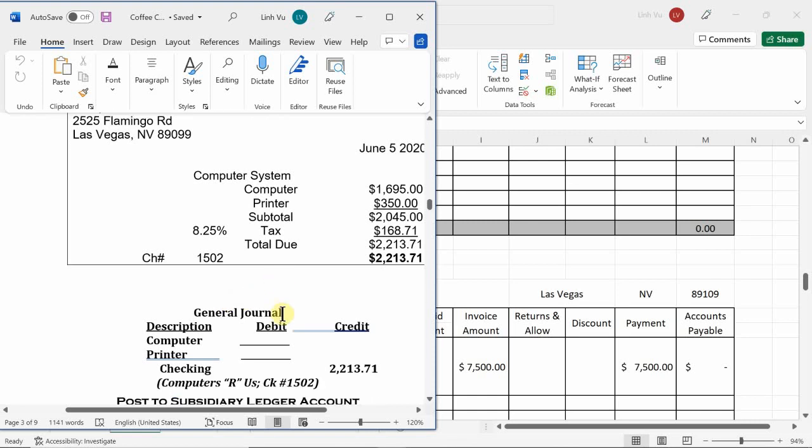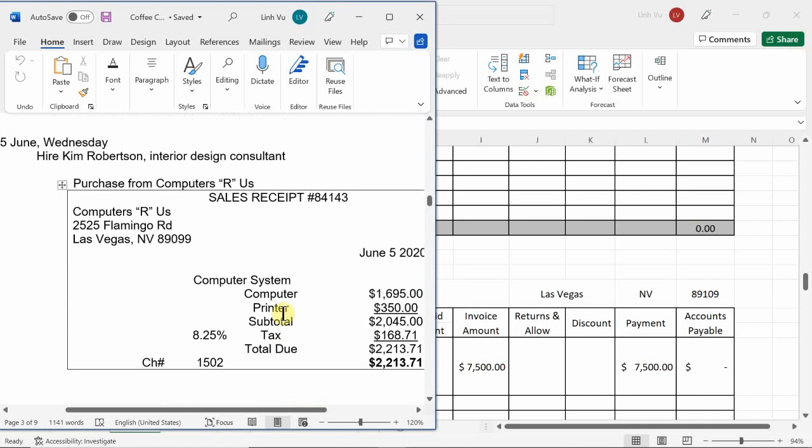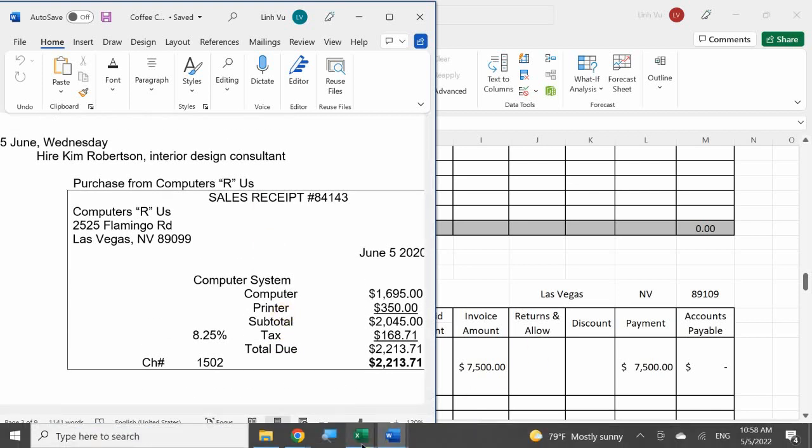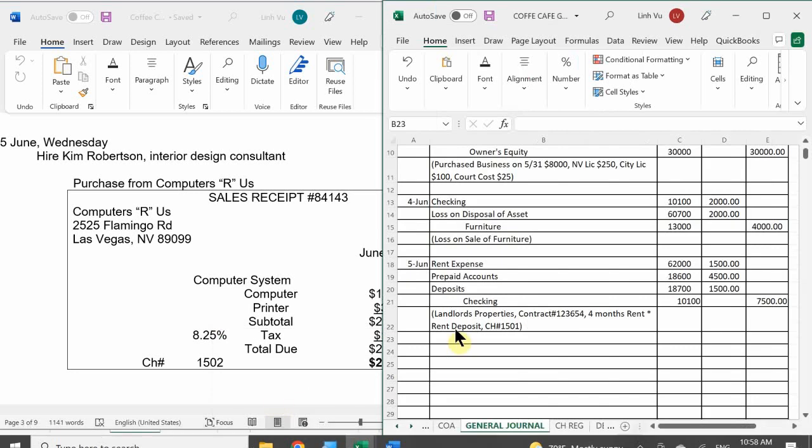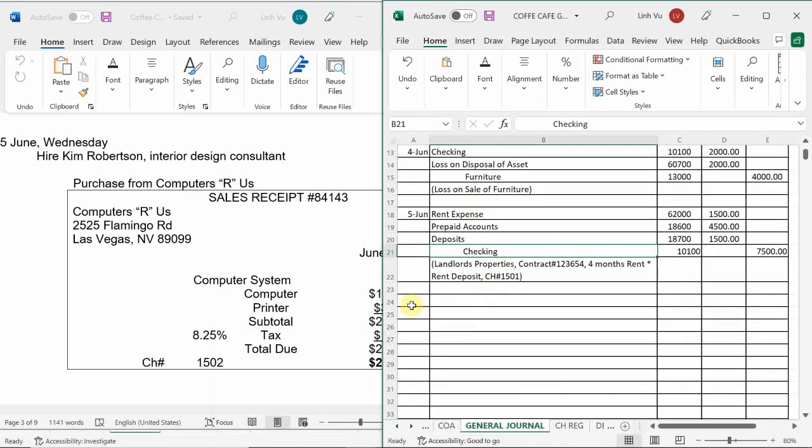So, how are we going to journalize this? Right? First thing, what did we buy? A computer and a printer. We bought a computer, and what else did we buy? Right?